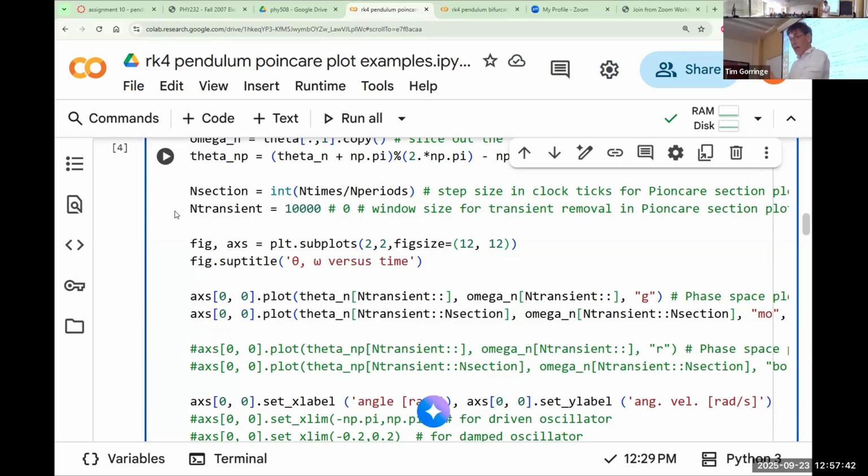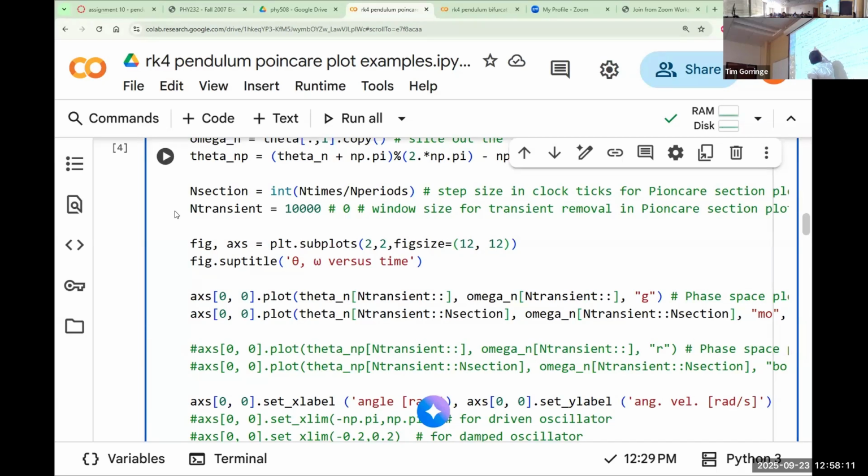Once every, in this case, natural period is the only period I got. And so I'm going to set myself up with a couple more variables to strip out the Poincare section, which are the coordinates of the pendulum every natural period. And to do that, I'm defining these two quantities here.